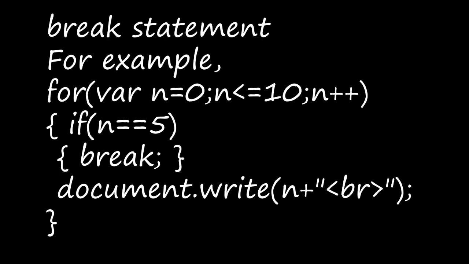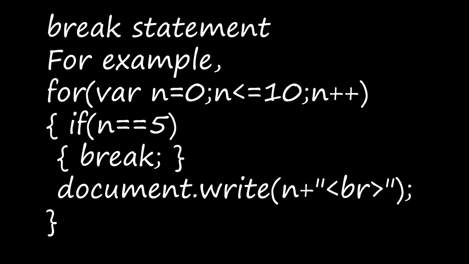Here they have given an example with a for loop. For variable n equal to 0, that is the initialization, n less than or equal to 10 is the condition, and n plus plus. Inside the for loop, if n is equal to 5, inside the if statement they have given break, and then document.write n plus br tag, right?